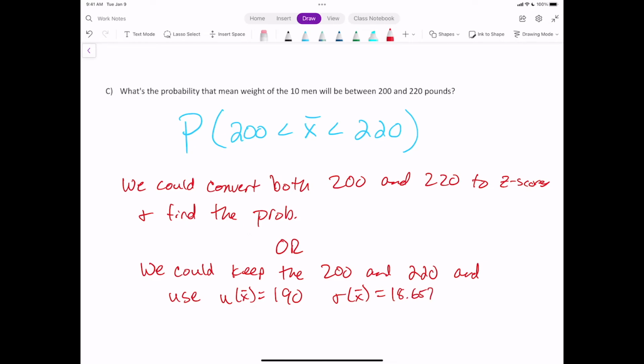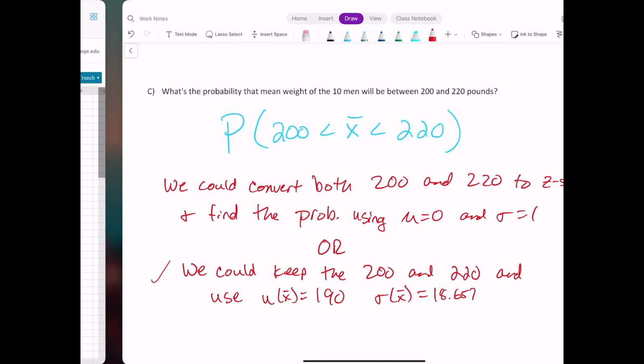Because remember, when you convert them to z-scores, your mean is going to be 0 and your standard deviation is going to be 1. I'm going to do it this way, but feel free to do it either way. Matter of fact, why don't you pause the video and see if you can verify my answer using the first way. But I'm going to go to 200 and 220.